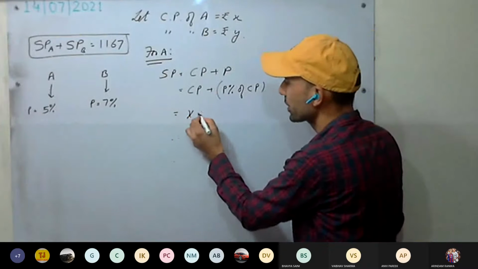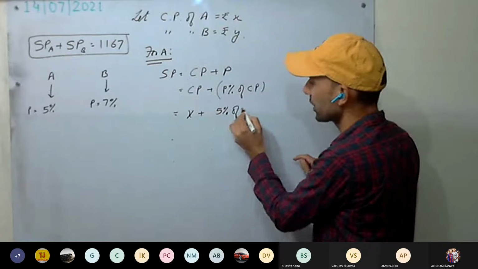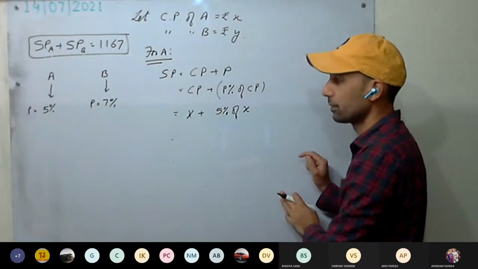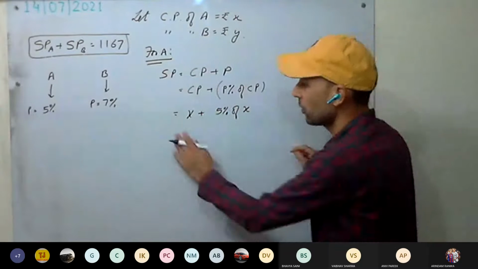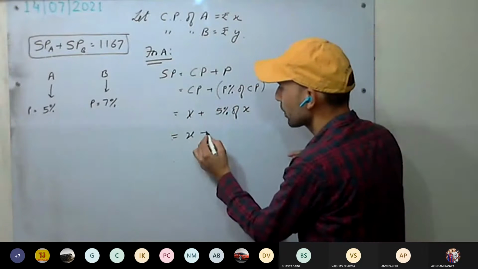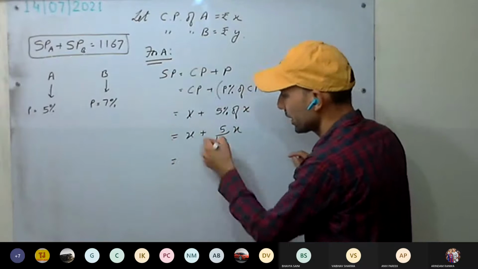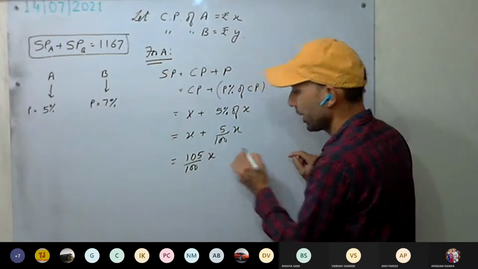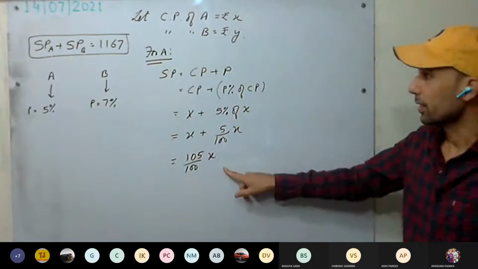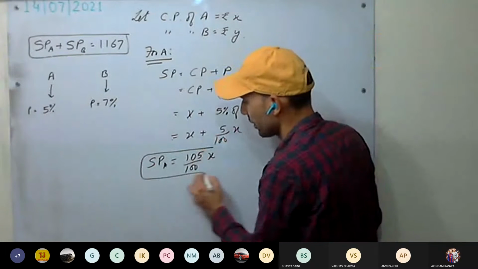So CP is how much? X. Profit percent is how much? 5% of X. Okay, we are putting it in the very initial stage. Now we will solve them. X plus 5 upon 100 of X. Take the LCM, it is coming out as 105 upon 100 X. Is this clear? So this is what? SP of A.